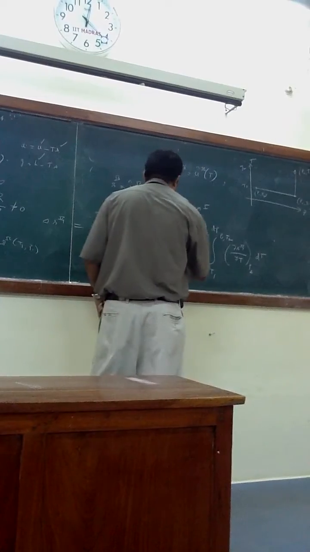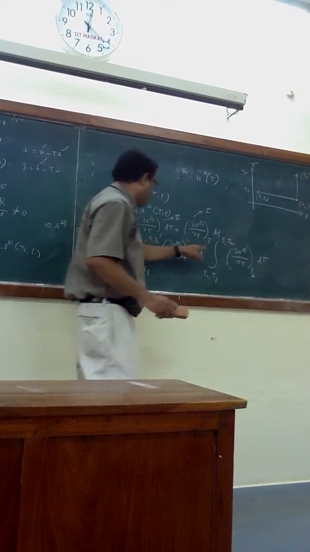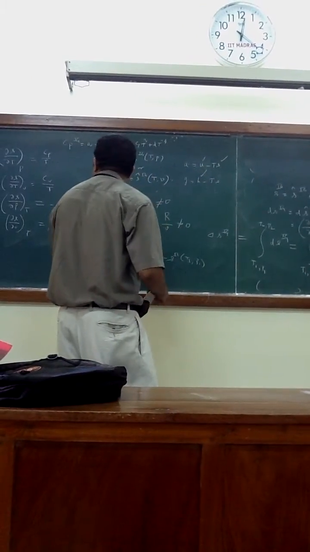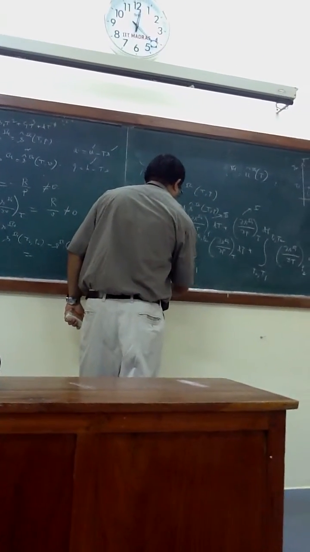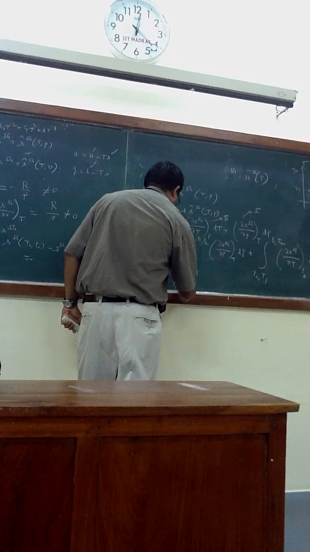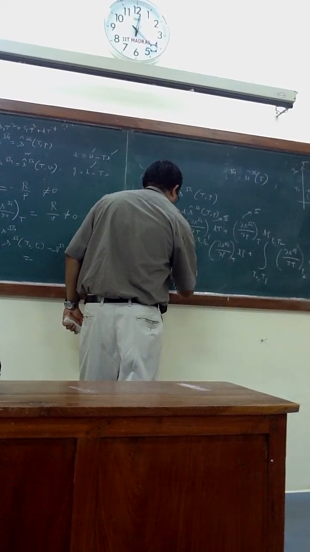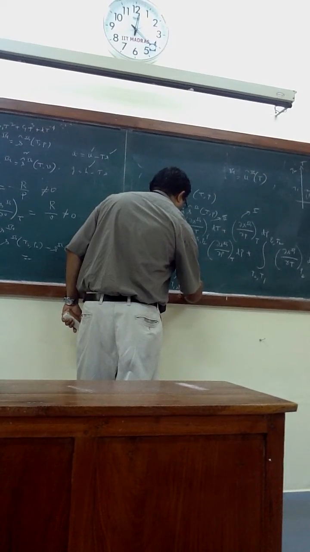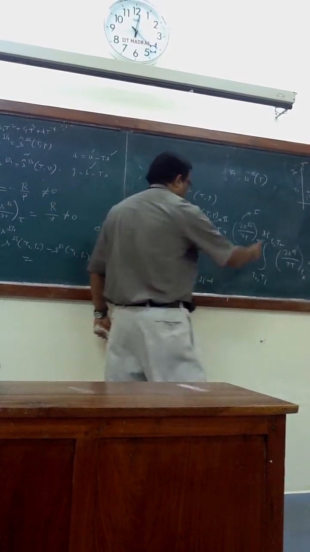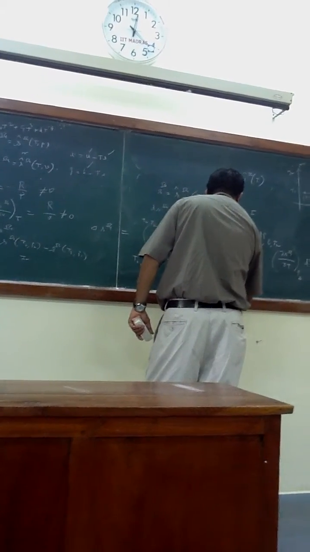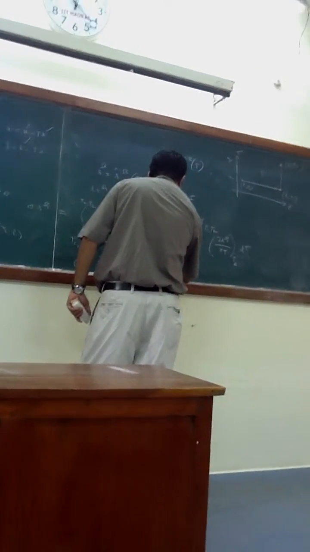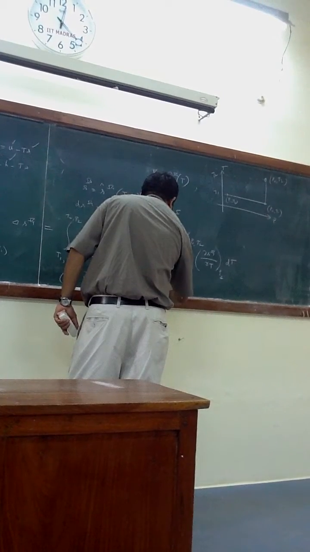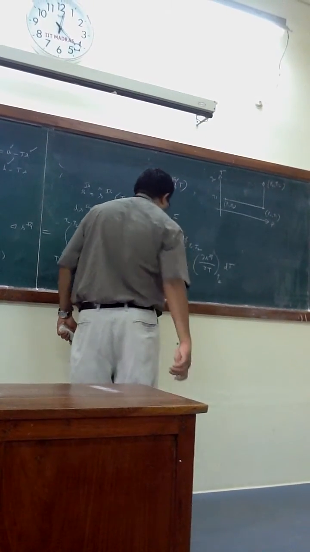And what is this expression? ∂S^ig/∂P at T. This is different. This is minus R by P, right? So from T1, P1 to T1, P2, minus R by P dP, plus from P2, T1 to P2, T2, Cp^ig, a function of temperature, by T dT.